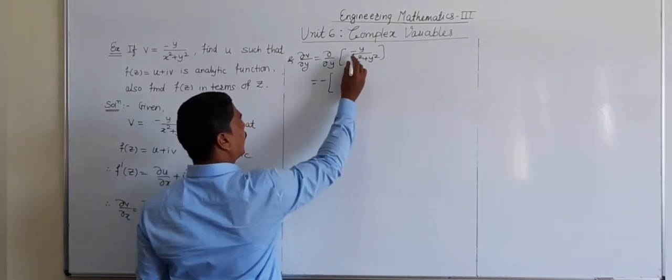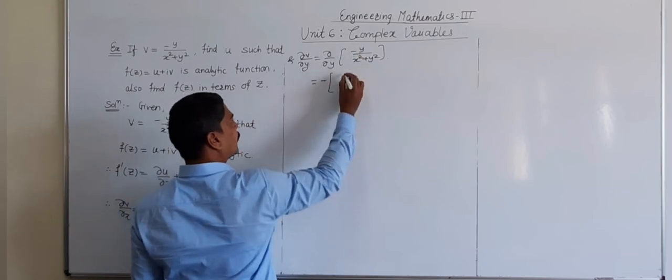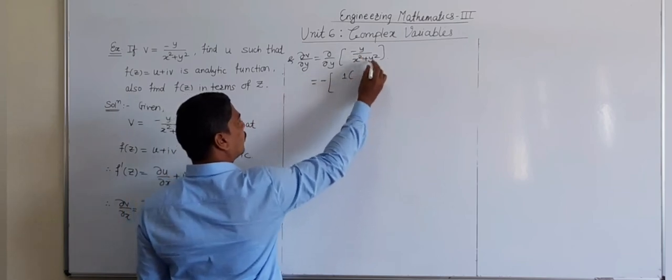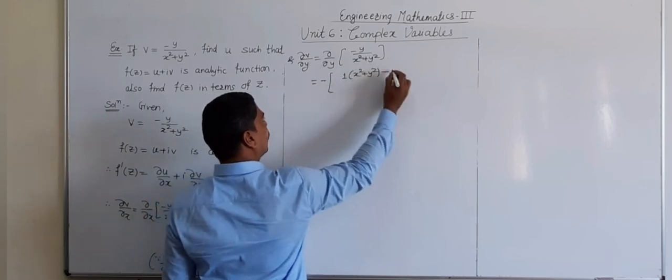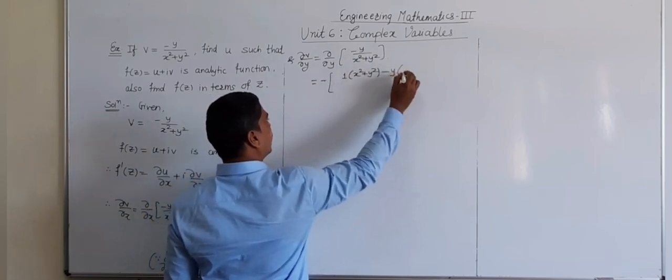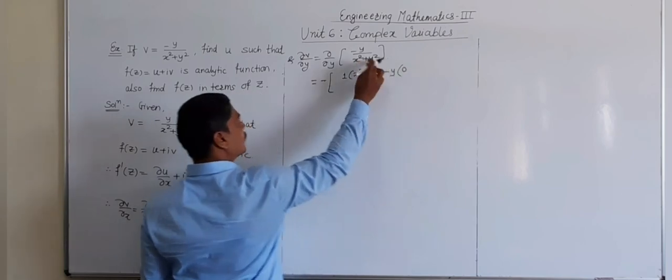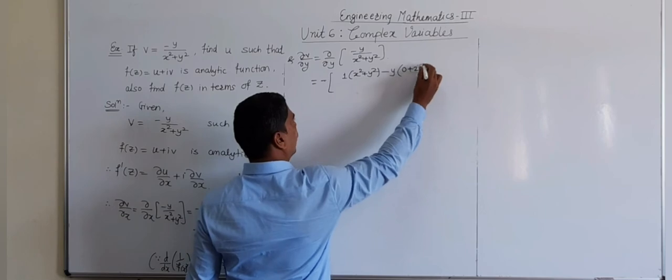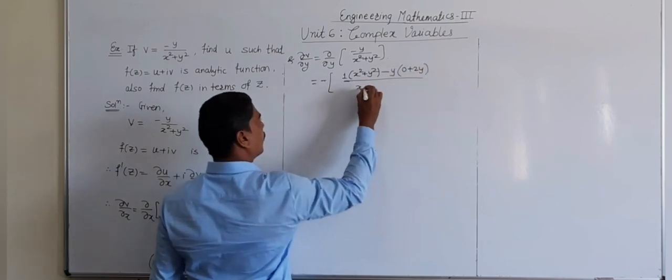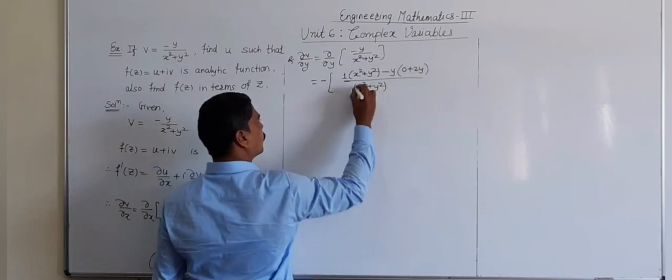So derivative of, take this minus sign outside, derivative of y with respect to y is 1, multiplied by the denominator function x square plus y square, then minus sign, numerator function y as it is into derivative of the denominator function, meaning x square plus y square, derivative with respect to y is 0 plus 2y, divided by square of the denominator, meaning x square plus y square its square.